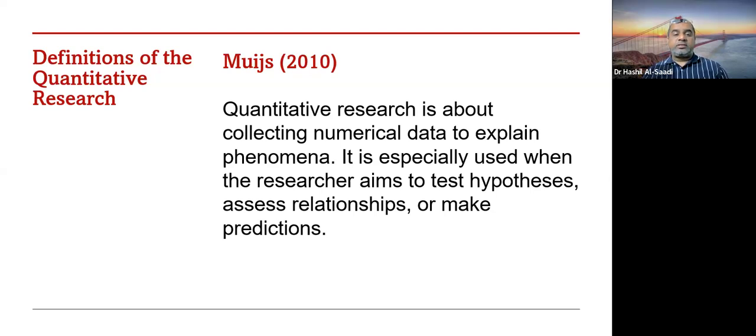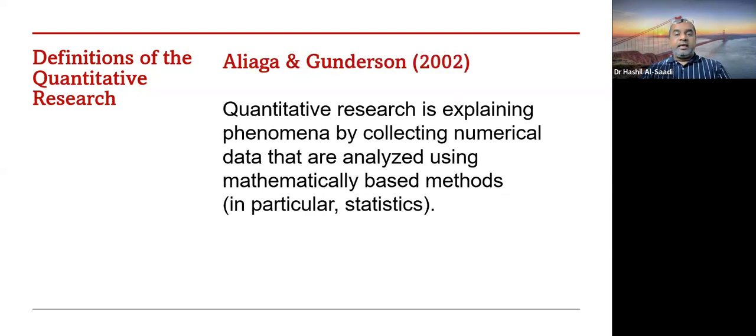Okay, so we use quantitative research to help us test hypotheses, assess relationships between variables, and make predictions about the future by looking at the current situation, the relationship between the different variables, and how things might develop in the future. So we make predictions, and we make generalizations about the findings as well. So that's the second definition.